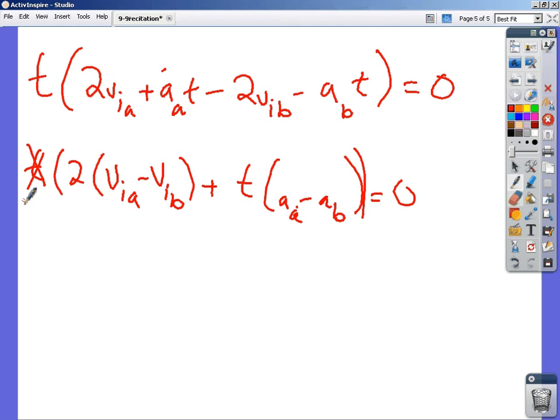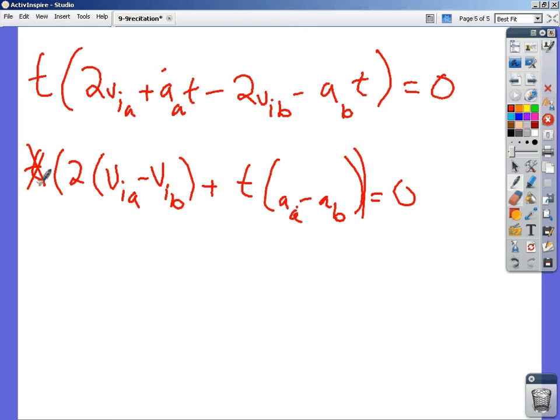So now in this part, I only have a t over here, so I can solve for t pretty easily. You're going to get t is equal to 2 times VIB minus VIA, divided by this term. You'll see that these switch places. Why did these switch places?